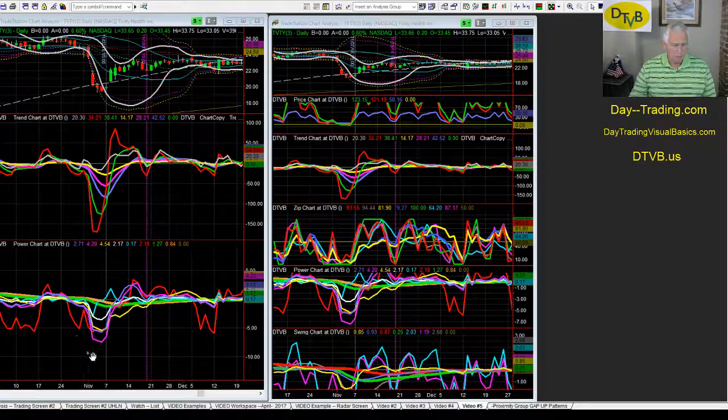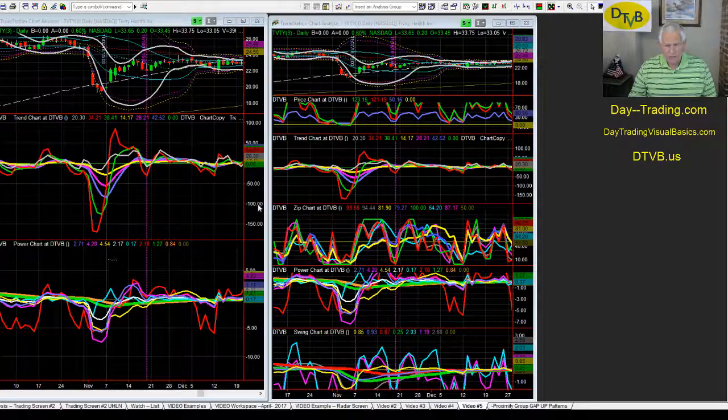And correspondingly, power pink is lowest, and power pink is a deep cycle indicator along with swing gray, and so it tells us that we've had a significant amount of power in this movement, and now it's starting to go up because the vertical white line is on the day when we have a small green candle just starting to go up.